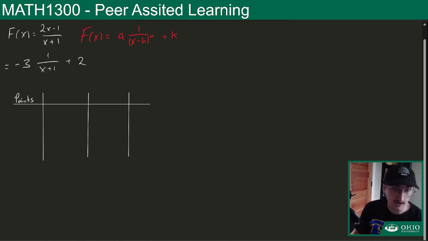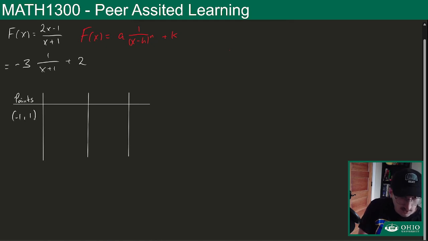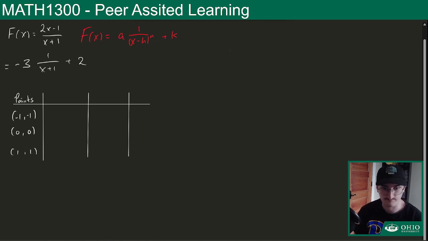And in the worksheet, I gave a list of example points that you can use for both even and odd functions. Our function here is odd because the term x plus 1 is raised to the power of 1. So the sample points that I'm going to choose are negative 1, negative 1, 0, 0, and 1, 1.